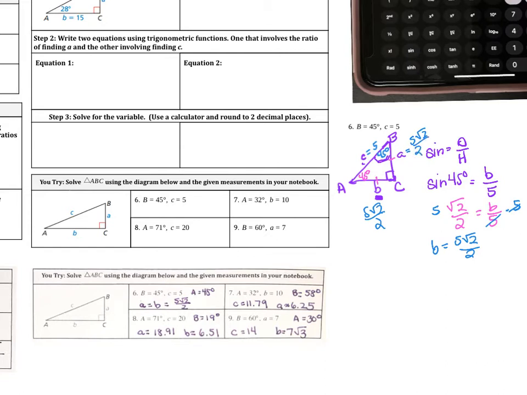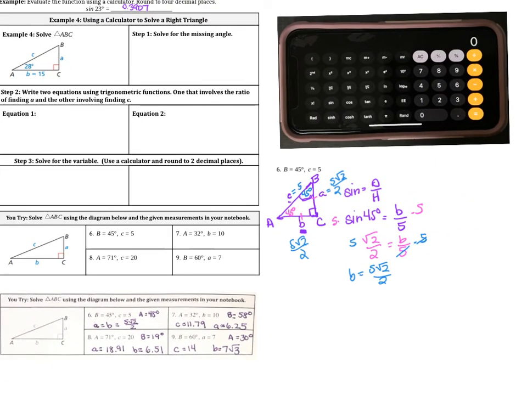You could also plug this in the calculator and solve it as well. So if you were solving for this, you would multiply both sides by 5, and then you plug it in the calculator.